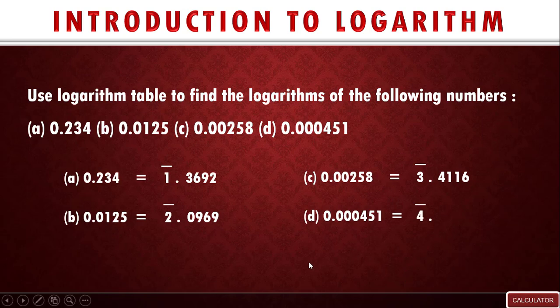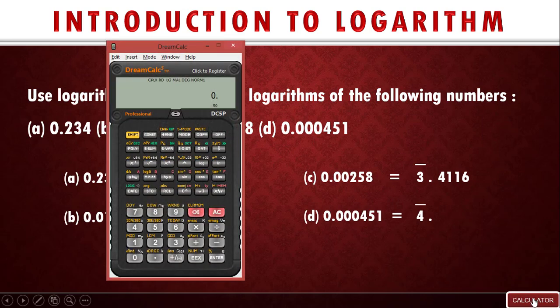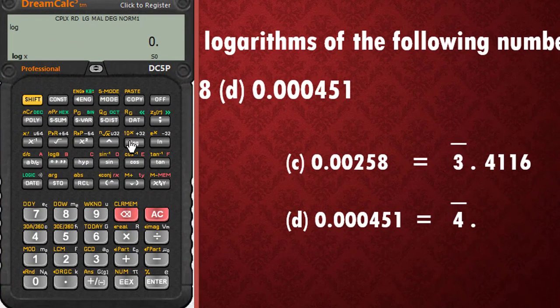So the next thing to do now is to check the log of 451. If you are using your 4-figure table, check 45 under 1. If you are using your calculator, let's make use of the workaround. Press log 451 and press equals or enter.